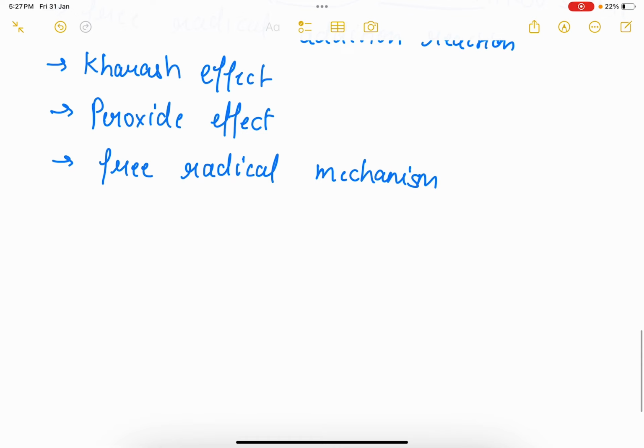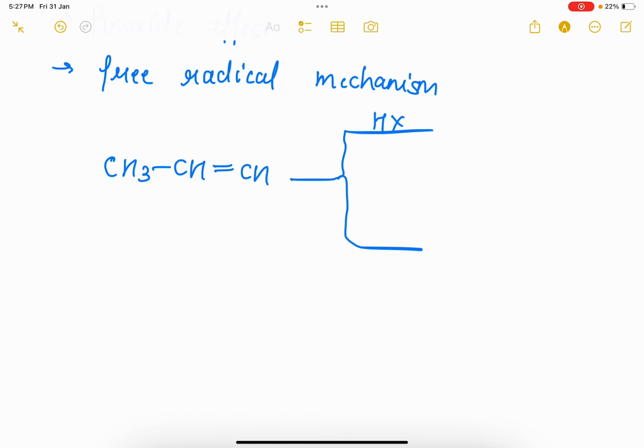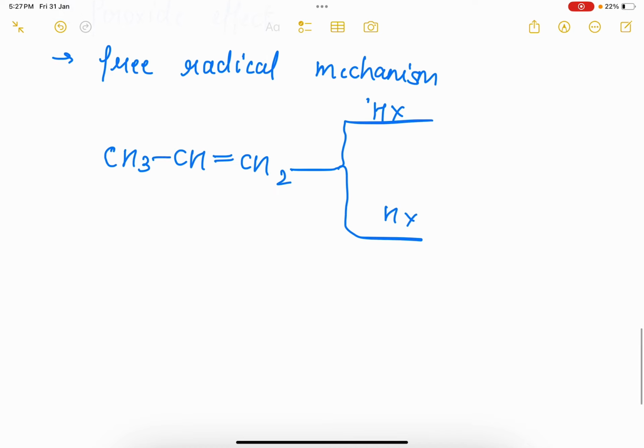Suppose we took an unsymmetrical alkene like CH3 CH double bond CH2. According to Markovnikov rule, hydrogen goes to that carbon which already contains more number of hydrogen, so the product is CH3 CHX CH3.